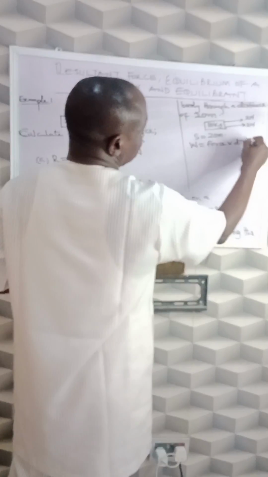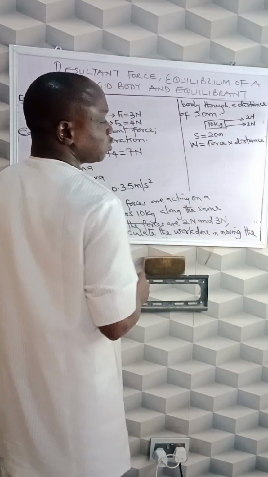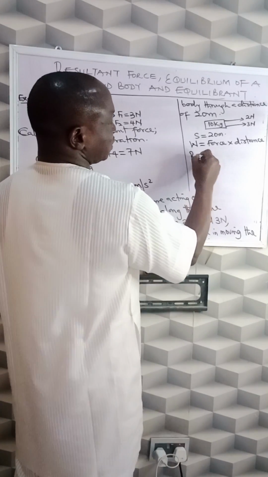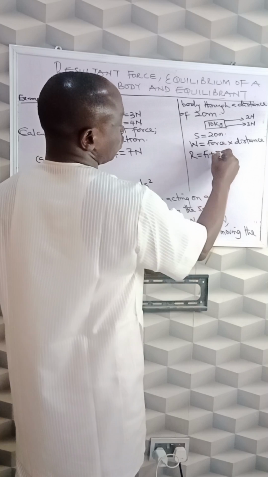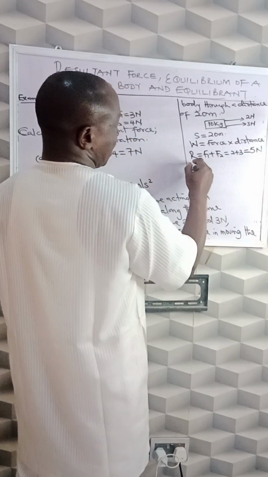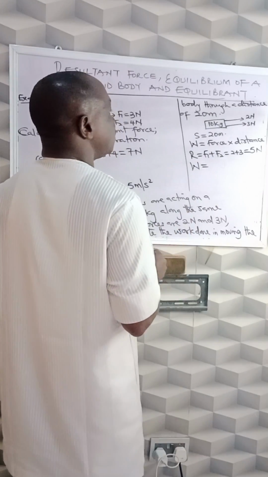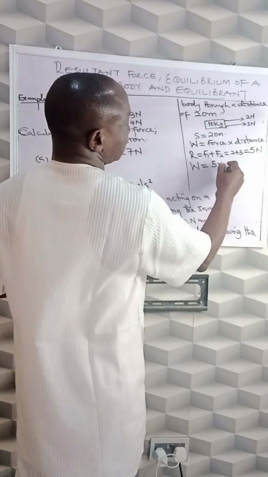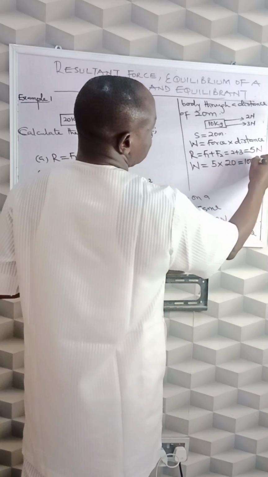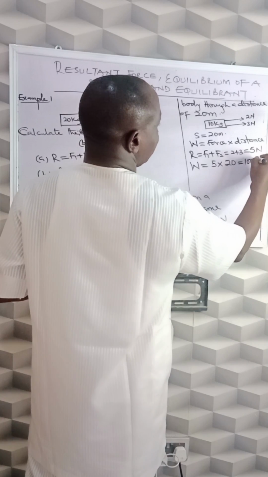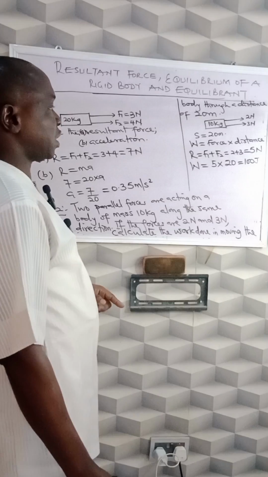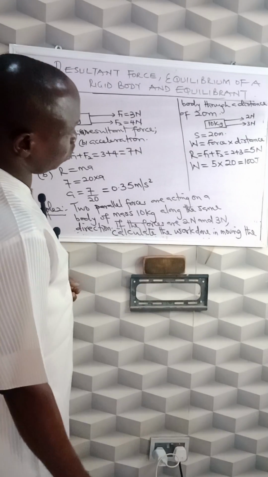So the force must be the resultant. The resultant is equal to F1 plus F2, so it's equal to 2 plus 3, which gives you 5 Newton. So work is equal to force, that's the resultant 5, times distance 20. So the answer will be 100 Newton meter or joules. You know, the unit of work is Newton meter or joule.